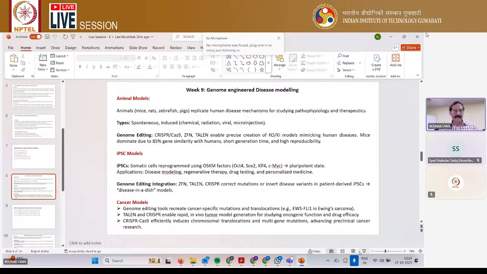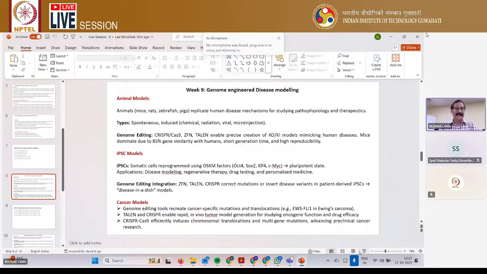So in such cases, the genome editing technologies are getting integrated so that corrective mutations or mutations that represent disease variants can be put into these models, particularly from patient-derived induced pluripotent stem cells. So we call it a disease in a dish model because these cells can be grown in Petri plates or small culture tubes.